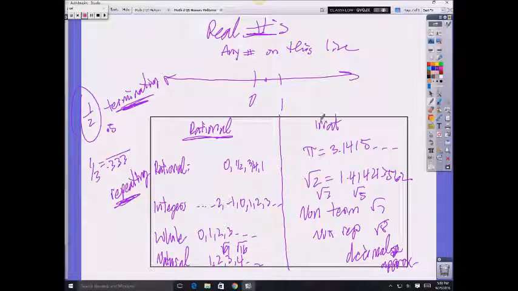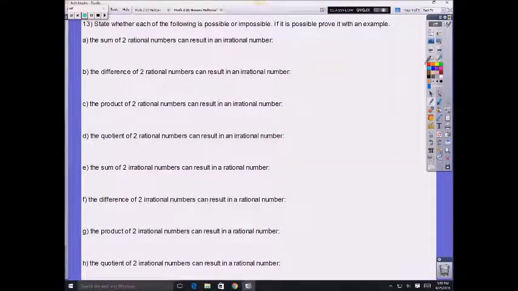Now, when you add, can the sum of two rational numbers result in an irrational? That is impossible. If you add a rational number with another rational number, 1/2 and 3/4, that is going to be 1 1/2.